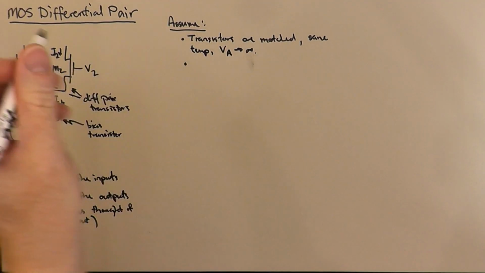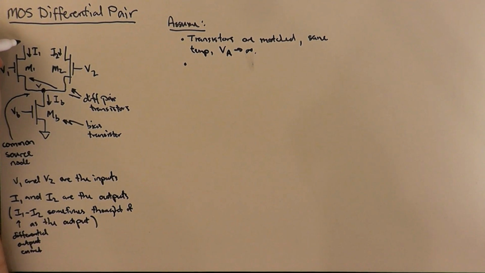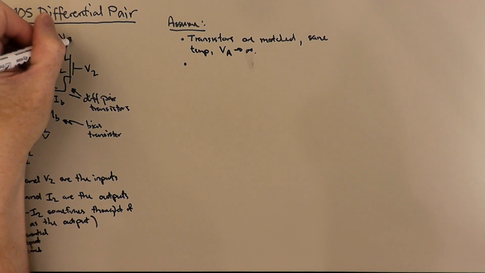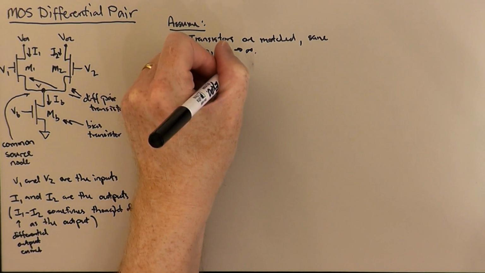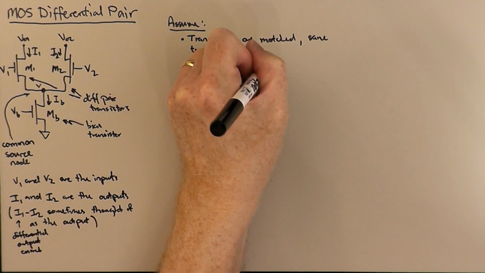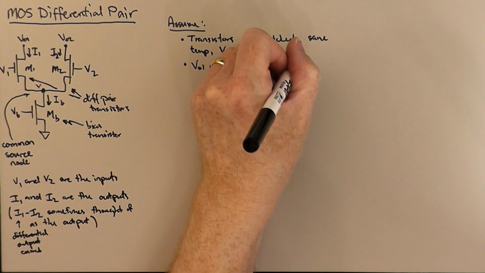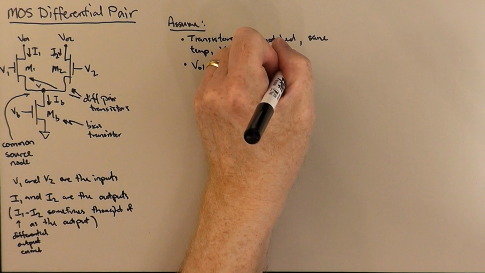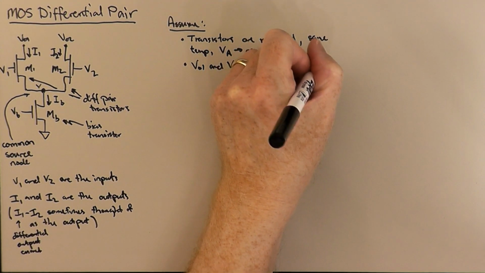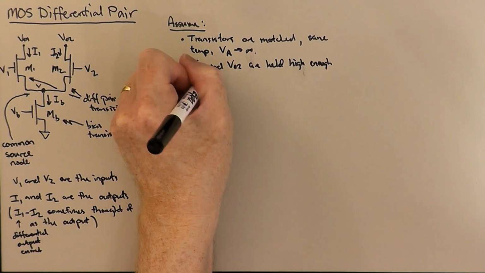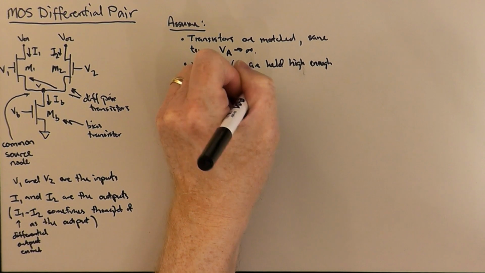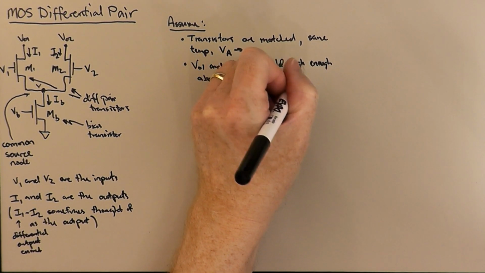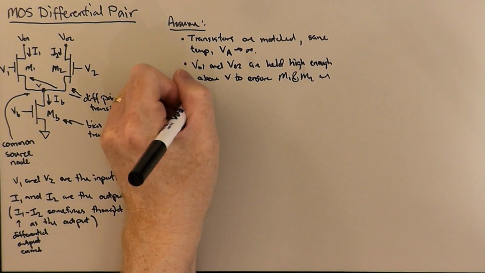We're going to assume that the 2 drain voltages, we could call them VO1 and VO2, are held high enough above V, that's the common source node, to ensure M1 and M2 are saturated.